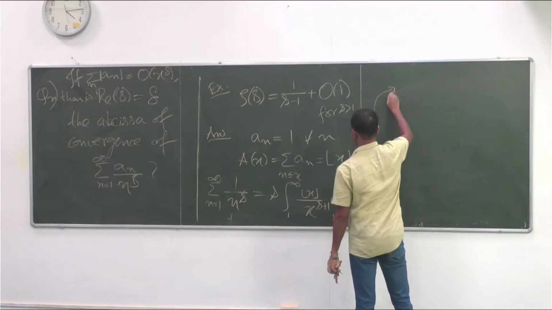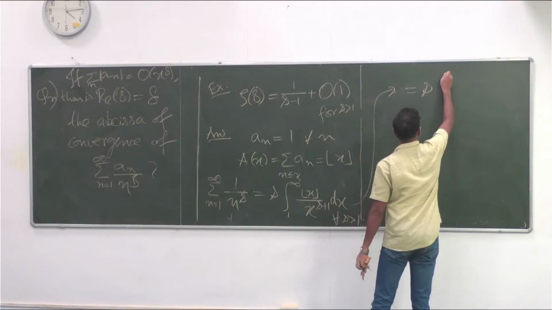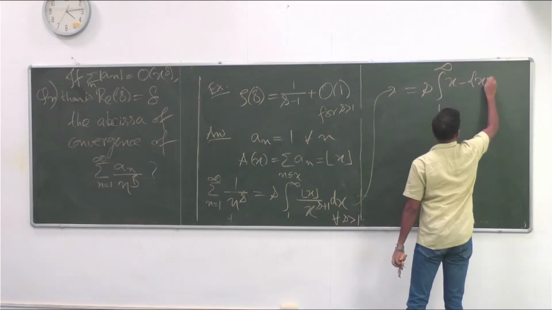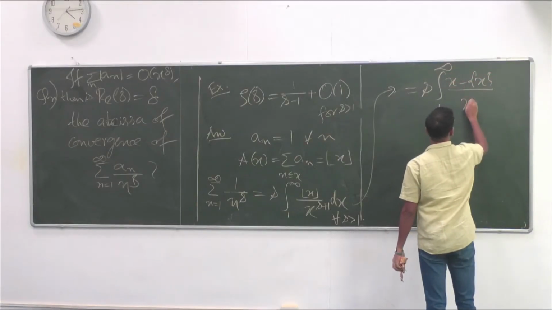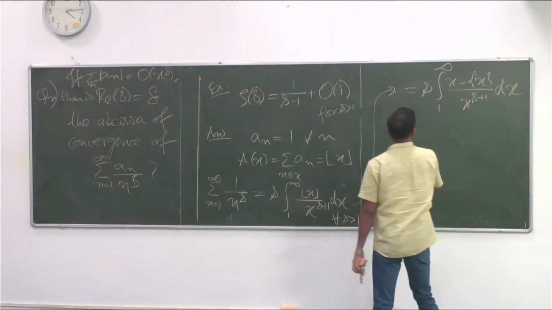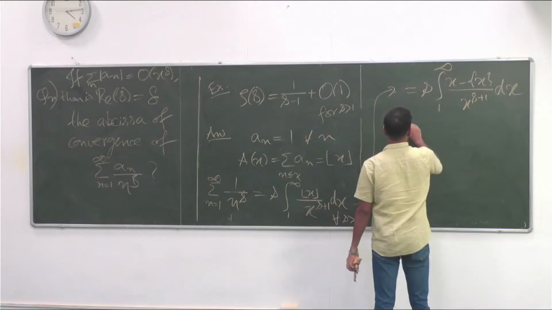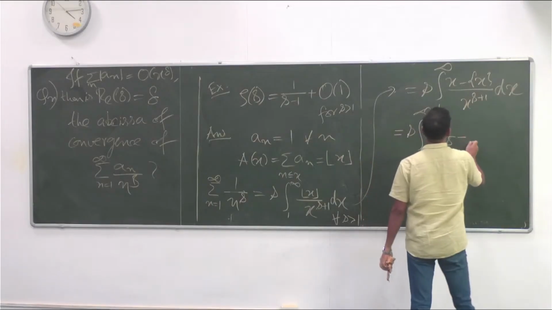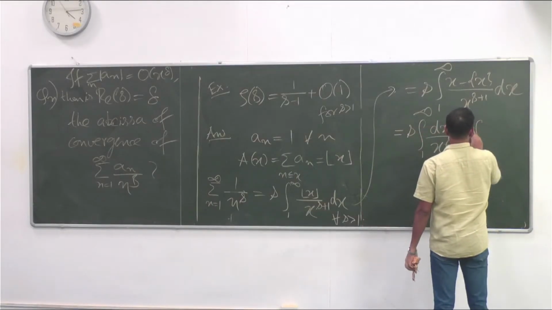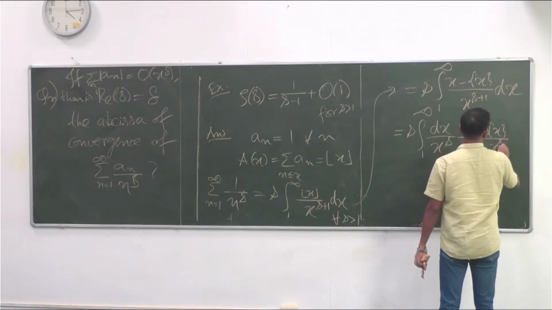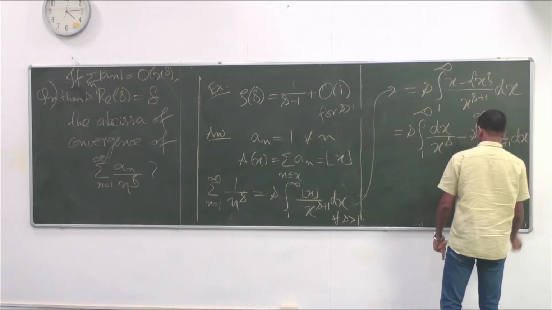So this one becomes equal to s times the integral from 1 to infinity of x minus the fractional part of x, by x power s plus 1 dx. Okay, and that is s times the integral from 1 to infinity dx by x power s, minus the integral from 1 to infinity again of x by x power s plus 1 dx, right?